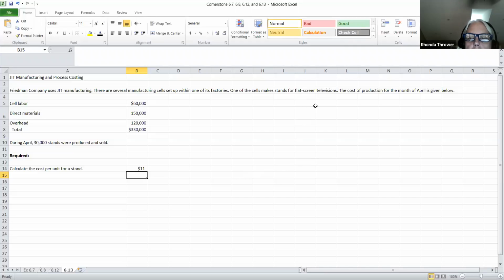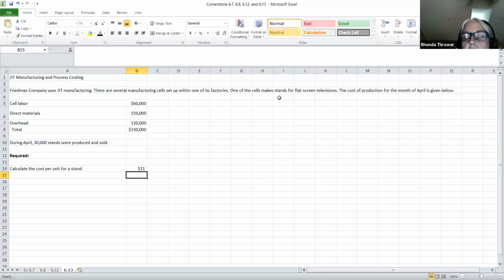They're making flat screen TVs for this particular company, and we want to know the cost of production for the month of April. They've given us basically the cost of production. They're telling us that 30,000 stands were produced and sold. So it's not flat screen TVs that they're producing.